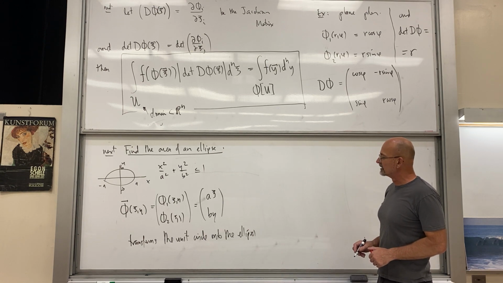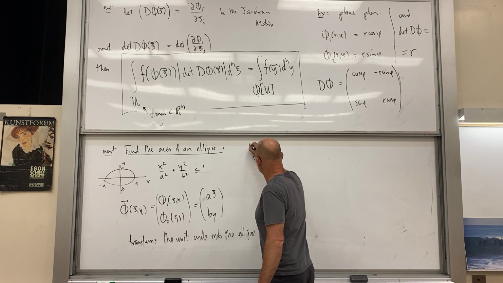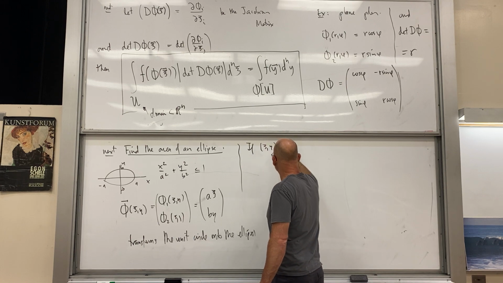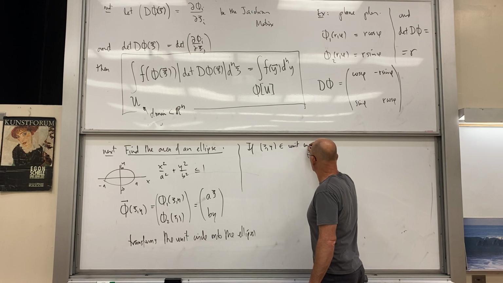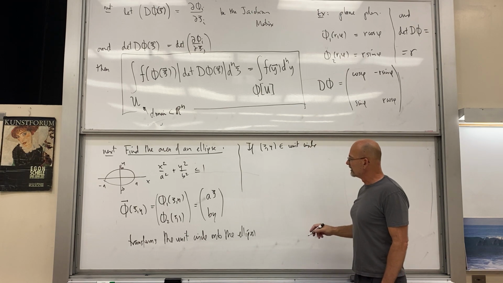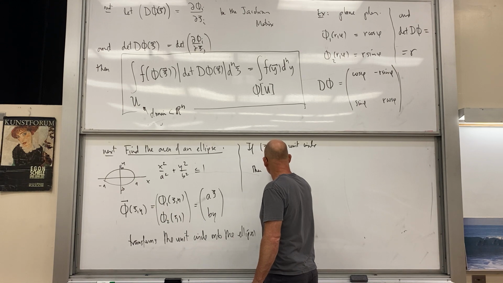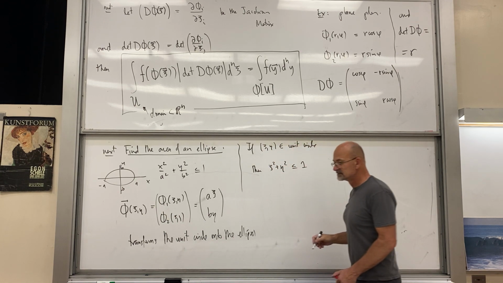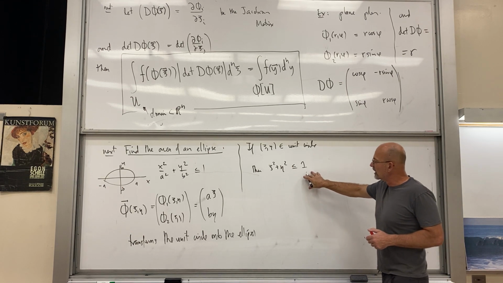How does it do that? Okay. If xi, eta is an element of the unit circle, then we have xi squared plus eta squared is less than or equal to 1.